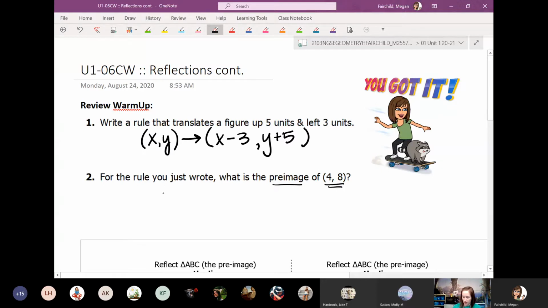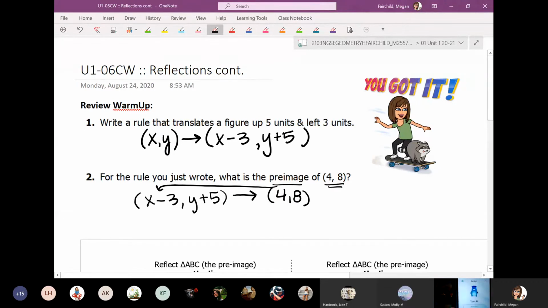Well, that would be something that had x minus 3 happen to it, and y plus 5, and that gave us 4, 8. Okay, so random person to answer the question. Hannah, what'd you get for number 2?